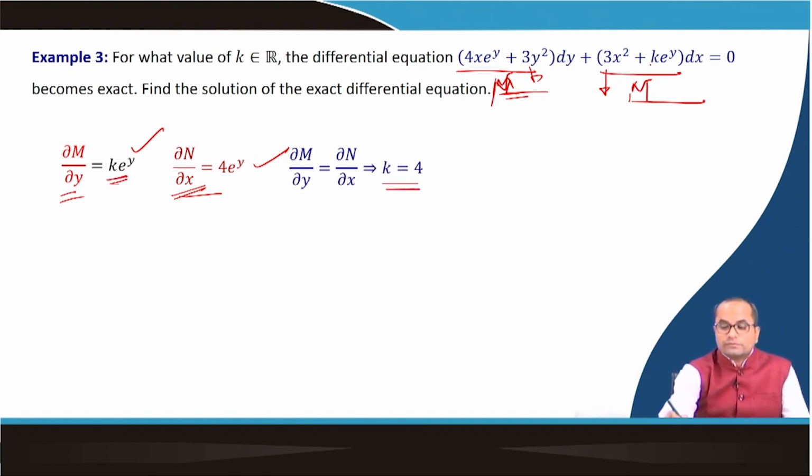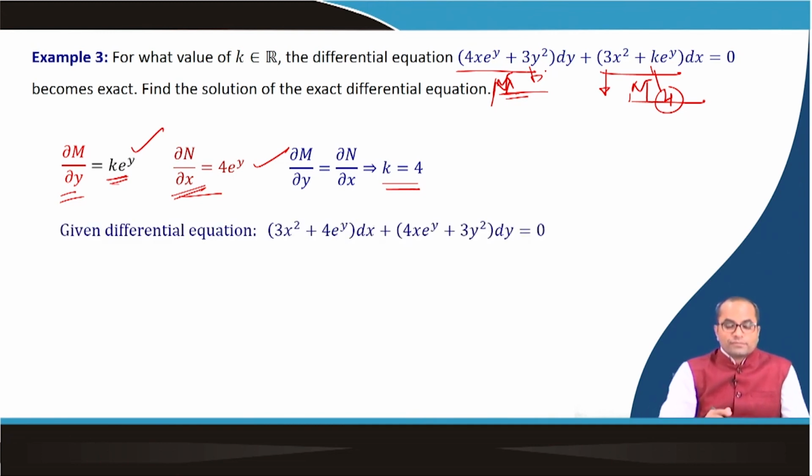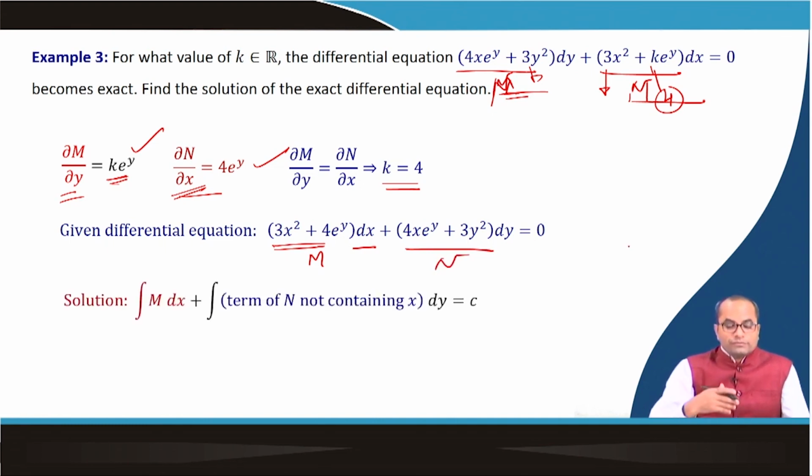So, for this value of k, that is 4, the equation becomes exact because we have the condition of the exactness. Hence, the given differential equation is 3x square plus 4 e power y, that is M dx, and then we have here N dy. Now, we need to find the solution. So, we can use that shortcut approach, the direct method here.